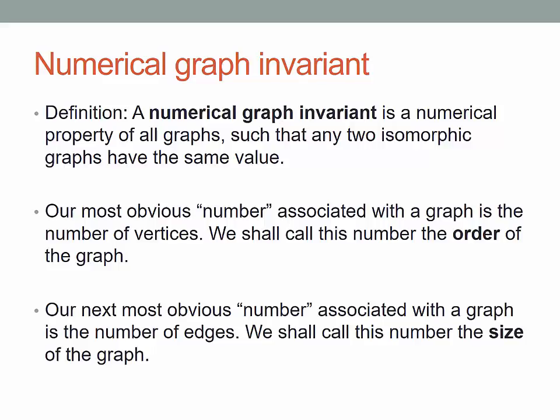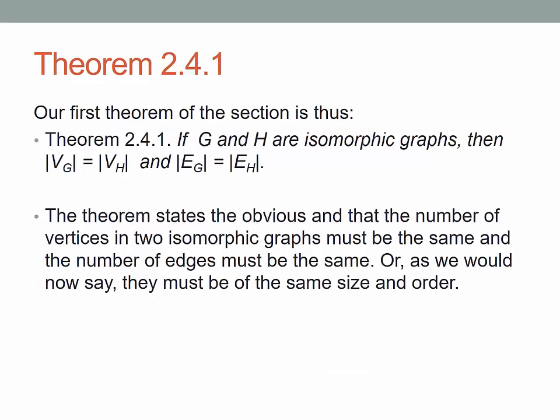The size of a graph is the number of edges. And clearly, the size of a graph is also a graph invariant. So a theorem: if G and H are isomorphic graphs, then the number of vertices would have to be the same, and the number of edges would have to be the same. That is, they have to have the same order and the same size.